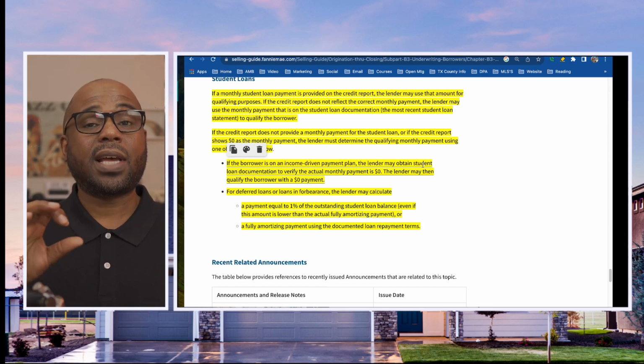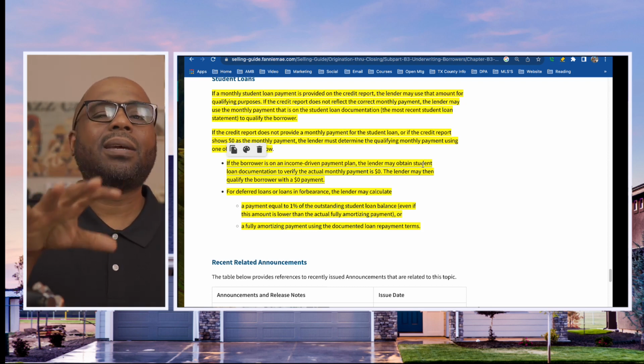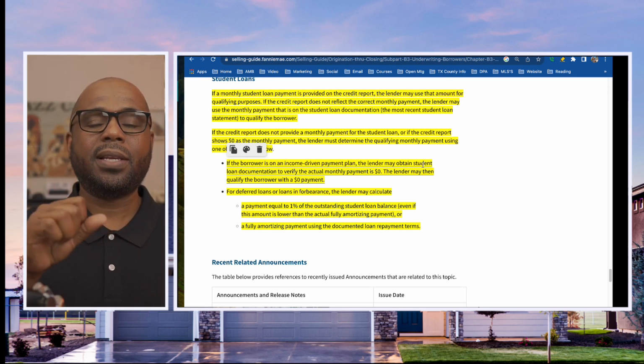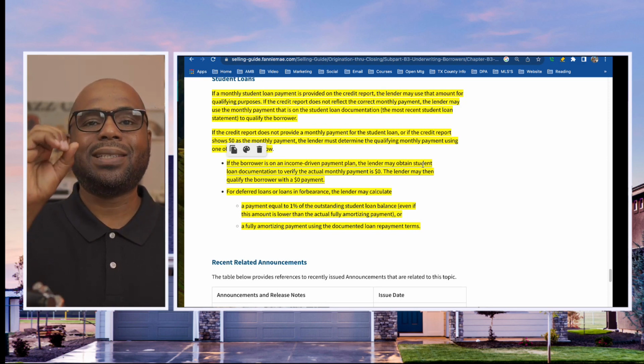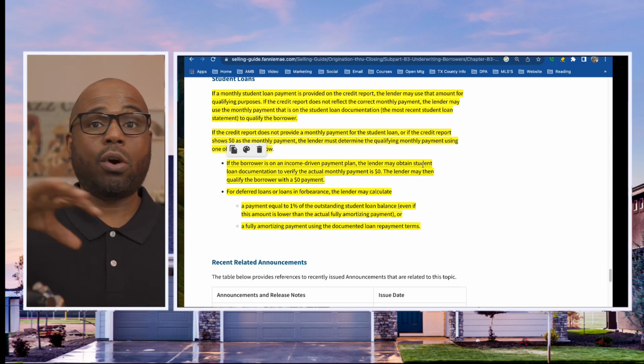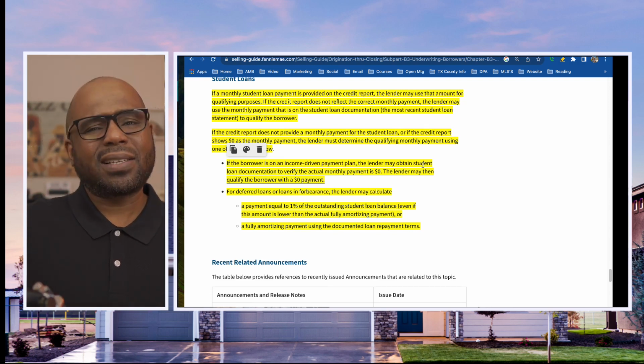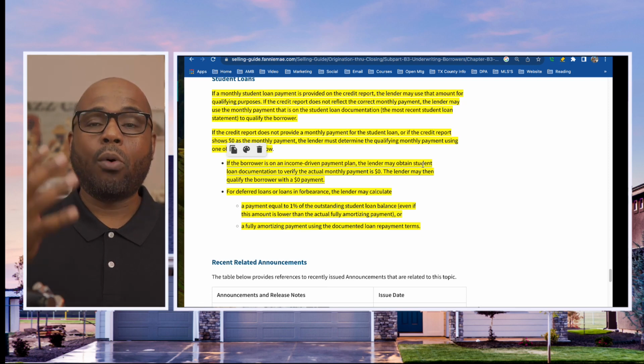So on the conventional side, the Fannie Mae loan, and this is something that your lender should know, you don't have to worry about it, but conventionally, Fannie Mae will allow for a zero payment for your total student loan balance. And how does that happen? I see it more times than not.